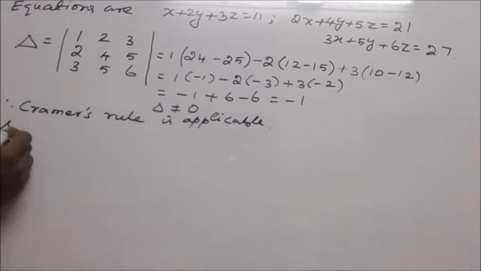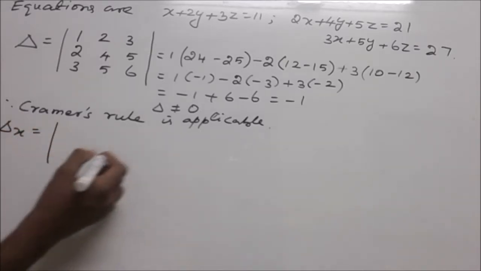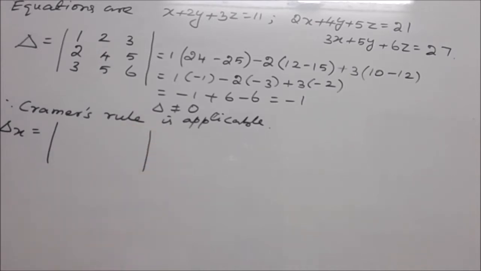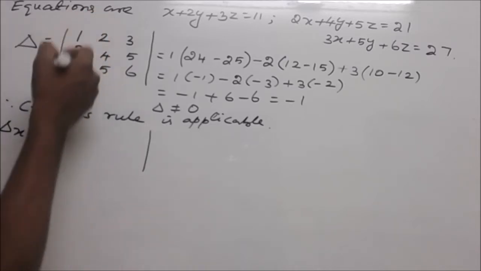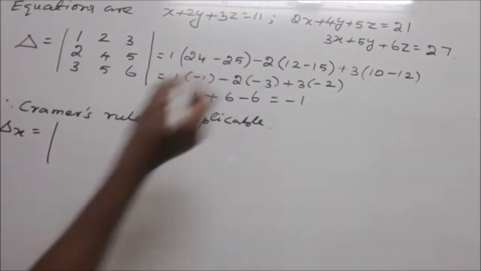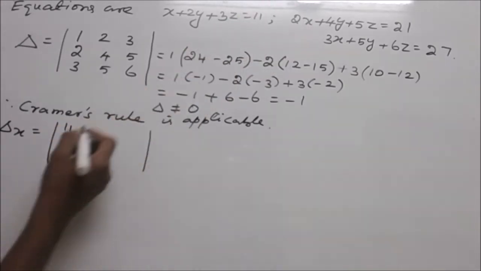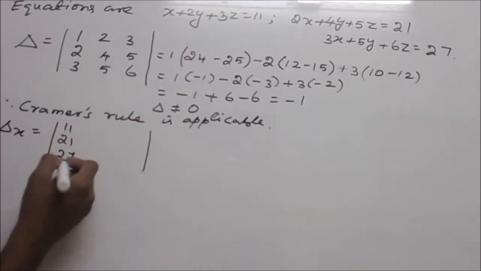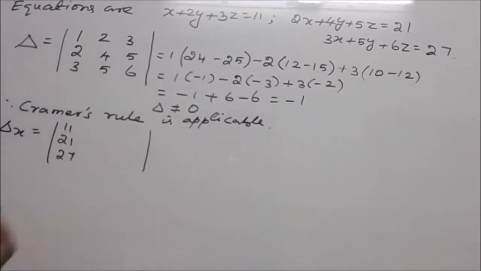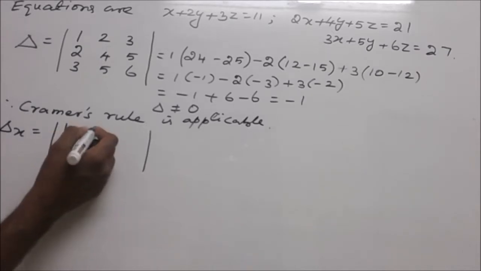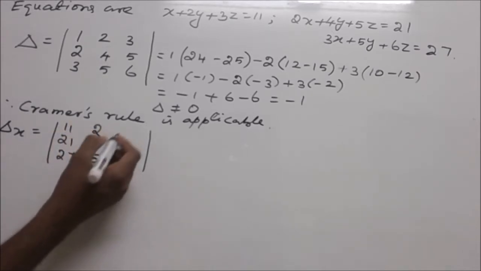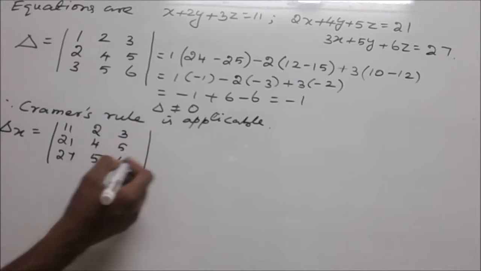Then delta x. To find delta x, replace the coefficient of x in delta by the constant values. So replace 1, 2, 3 and take the constant values 11, 21, 27. And the remaining 2 columns are kept as they are, 3, 5, 6.